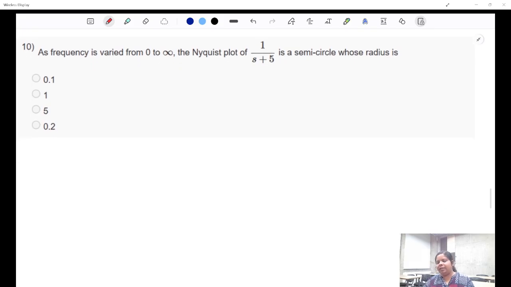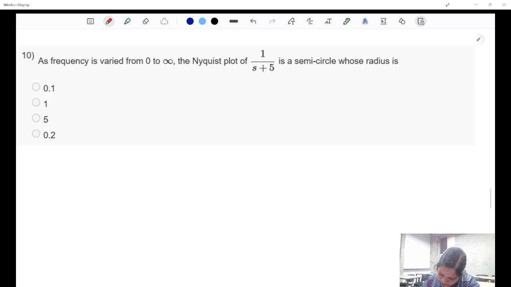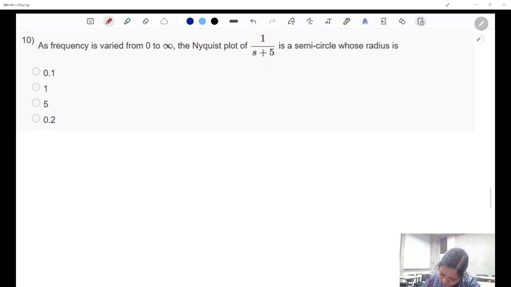As frequency is varied from 0 to infinity, the Nyquist plot of 1 upon s plus 5 is a semicircle whose radius is what? Let's check it out. The transfer function is 1 upon s plus 5, right?